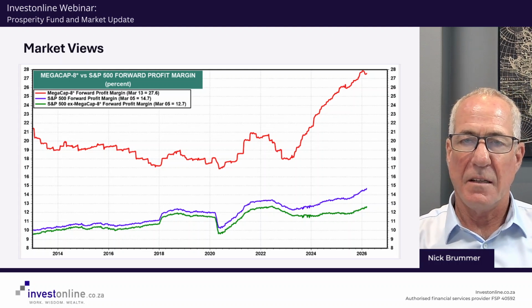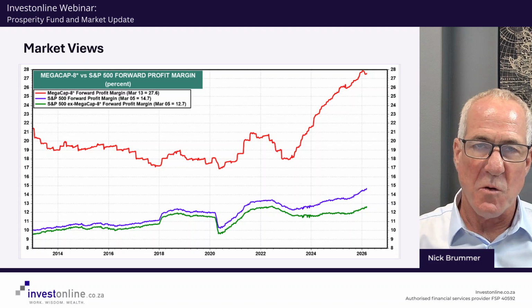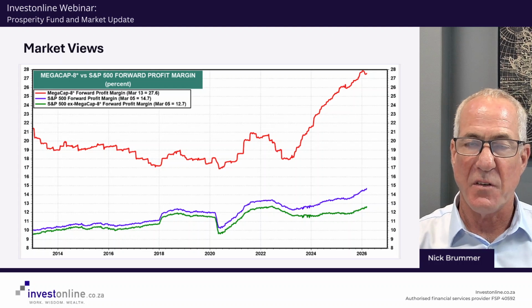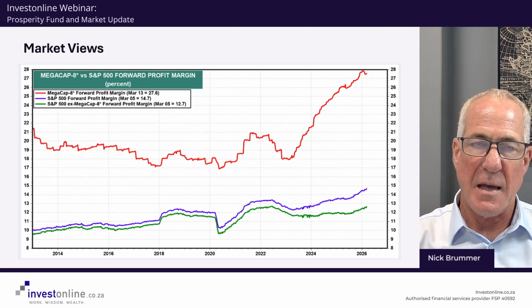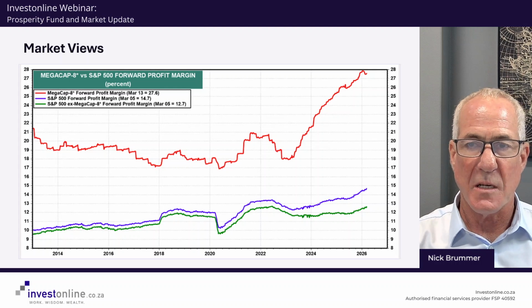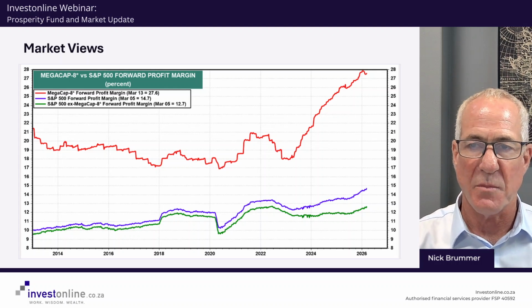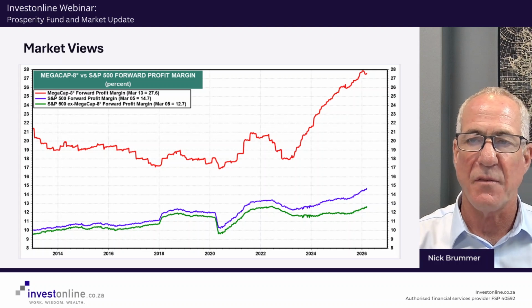So the big question is, how sustainable are those operating margins? There's always this idea that profitability will revert back to the mean. So a big risk in markets, especially US markets, is that companies are very profitable and their operating margins have gone up significantly.